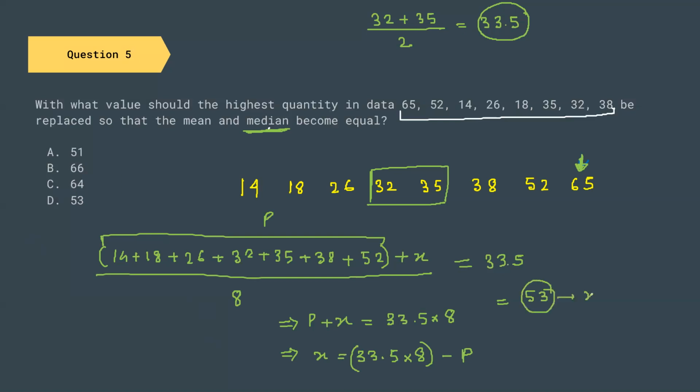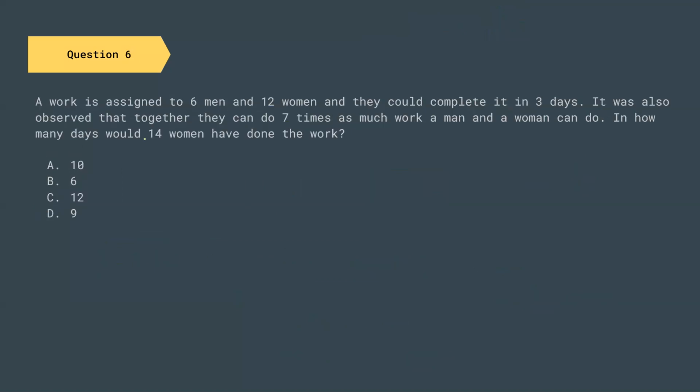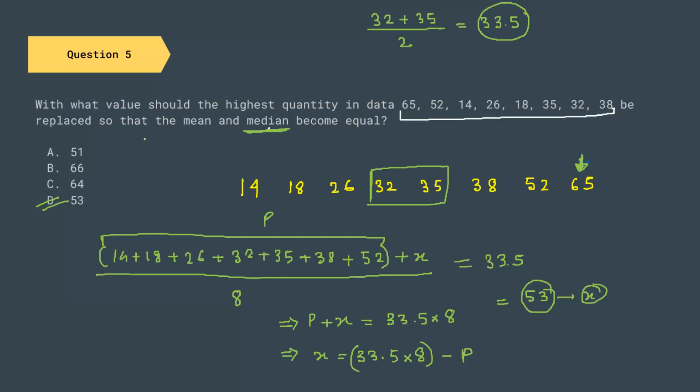So this is the value for X. So 65 should be replaced with 53 so that the mean and median of this particular data set become equal to each other. Now let us go to another question.